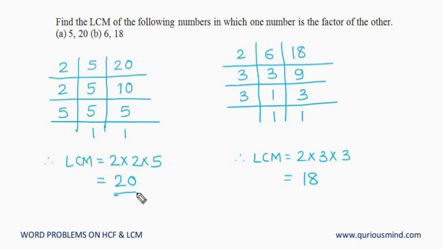The biggest number is our LCM. In this case it is 18, in this case it is 20. So we can conclude that when one of the numbers is a factor of the other number, then LCM in such a case is the bigger number.